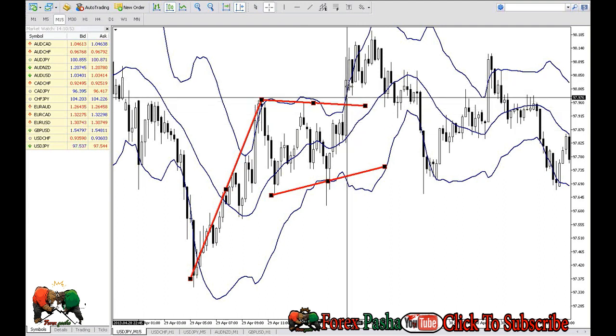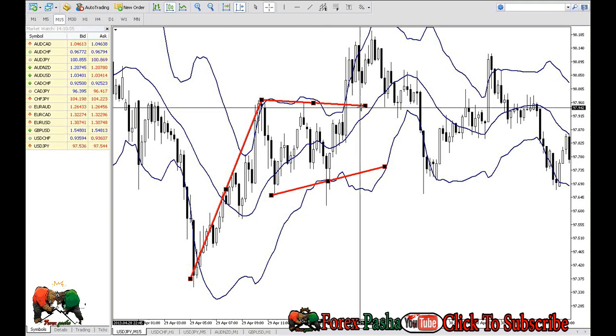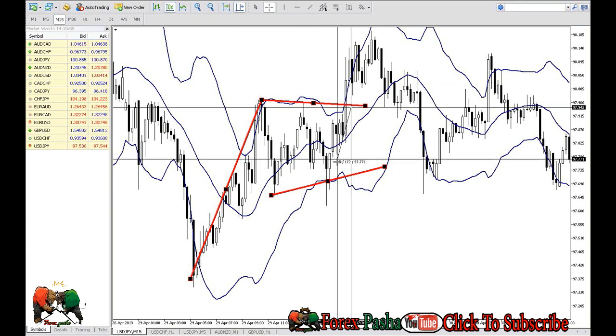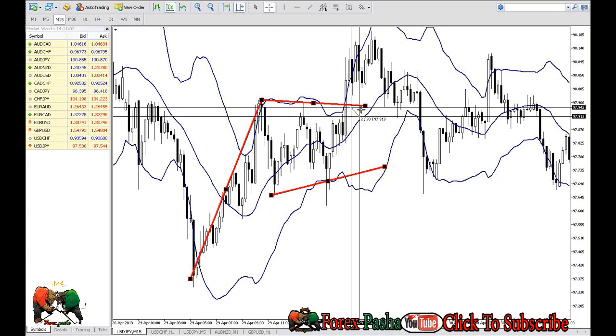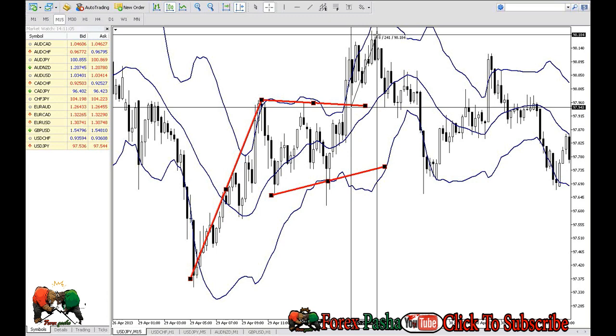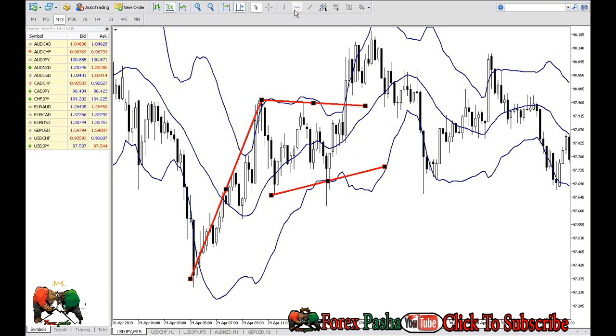We've got a candle that's closed above the top consolidation line. So I'm just going to drop a few pips inside. So my target is 236 pips. So if I measure 236 pips, that is 98,180, just there.